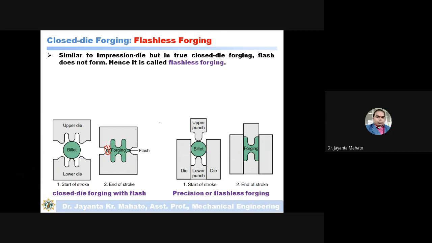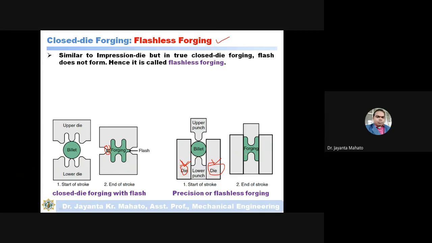This is similar to the impression die forging process, but here the flash does not form. To minimize the flash, there is also a guide. These two dies guide the flow of the material. So there is no chance of forming flash, and that's why it is sometimes called flashless forging. Understand? So this is similar to the impression die forging process.